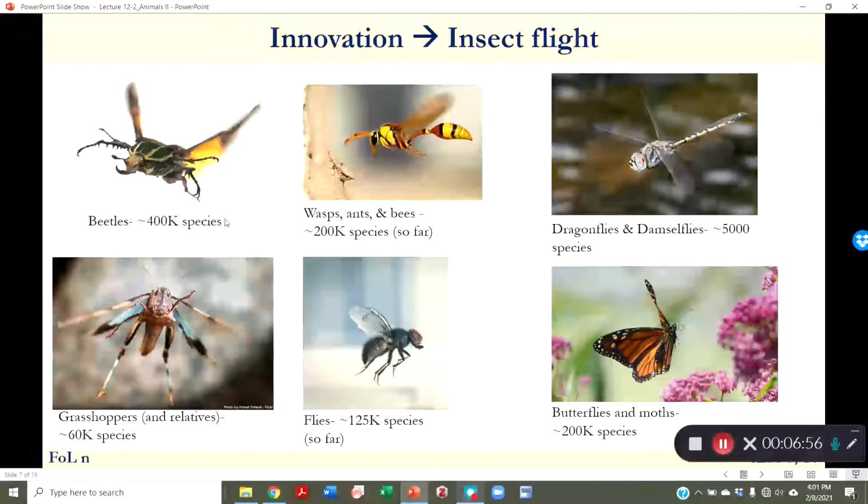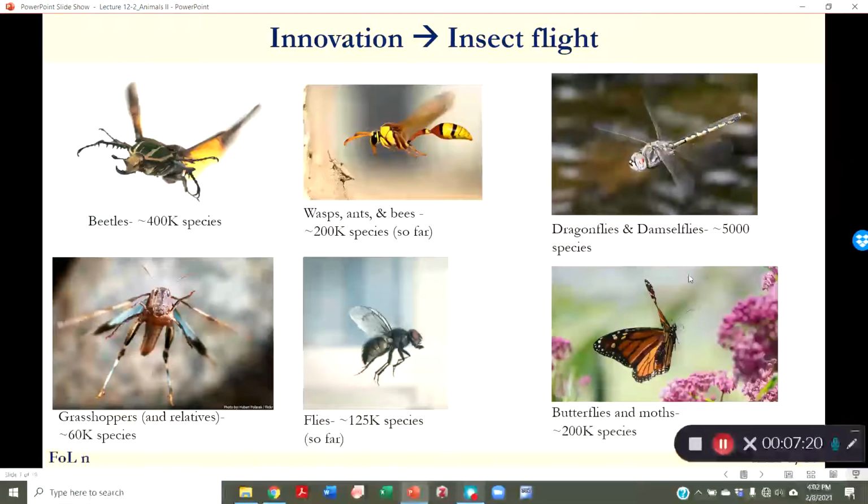So we look at beetles. We've got about 400,000 described species. Wasps, ants, and bees have about 200,000 described species, and it says "so far" because people are still finding more tiny little wasps, especially in places like tropical forest canopies.